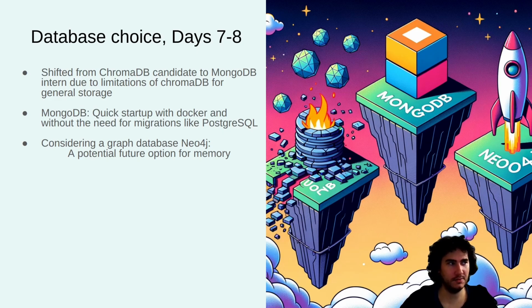ChromaDB has a built-in vectorizer, and you can use OpenAI vectorization networks for embedding the text and for later similarity search. But the problem is that the length of the text is limited, and I really wanted an unlimited size of records, and overall I need a database for the application.